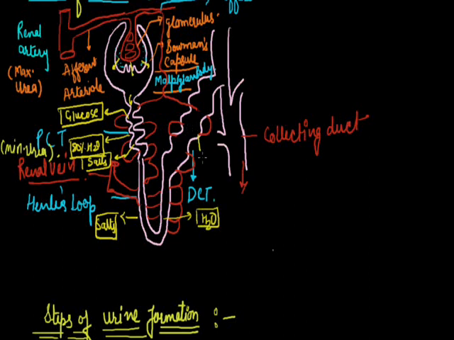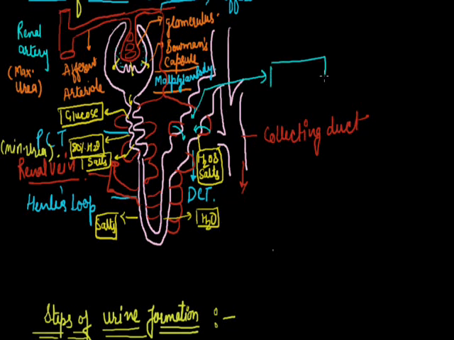DCT is responsible for the absorption of water and salts, but this reabsorption is in a trace amount. While this peritubular network is responsible for direct secretion of various substances like the larger waste, hippuric acid, creatinine, which are directly dumped into DCT.